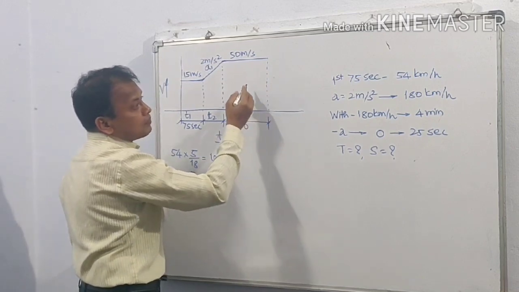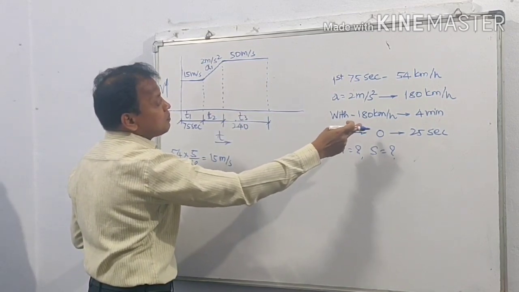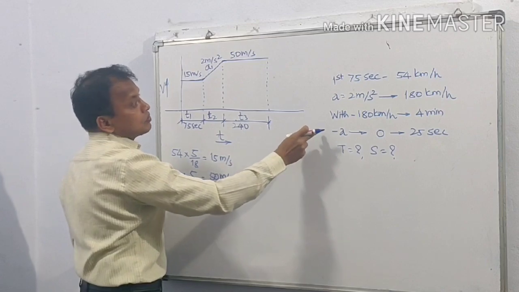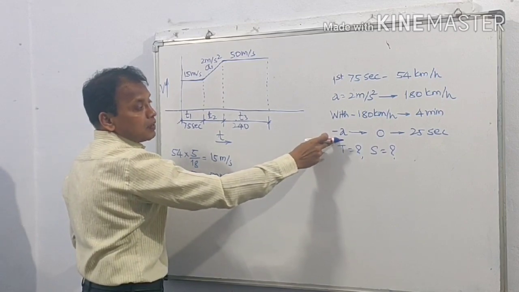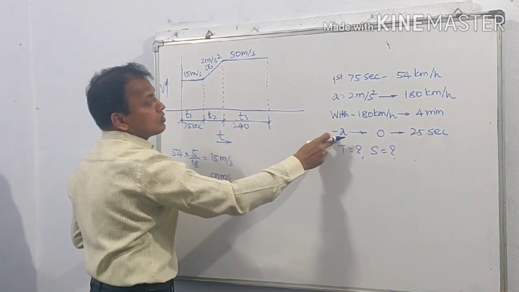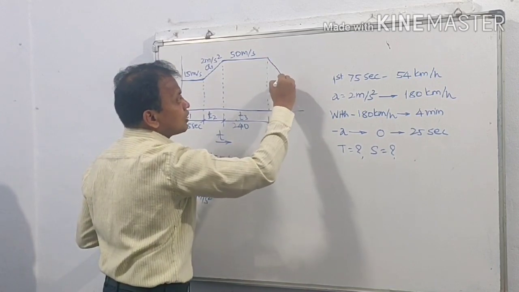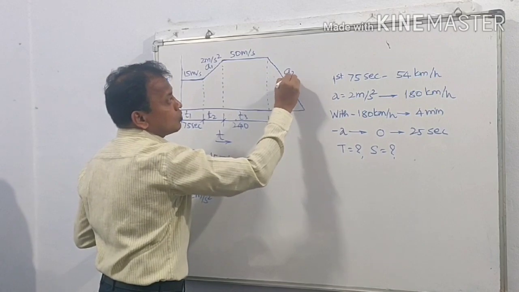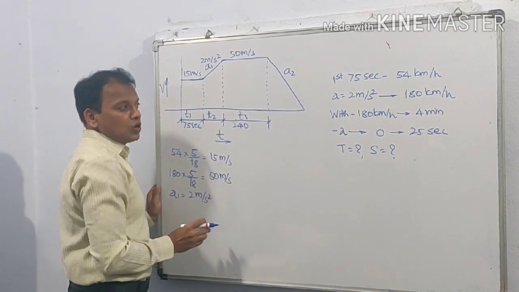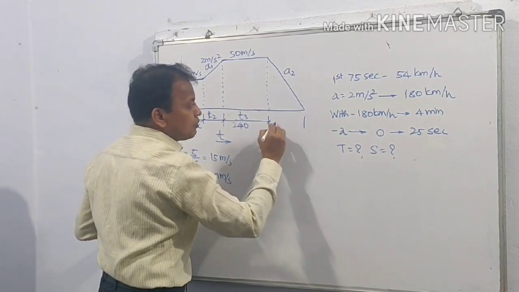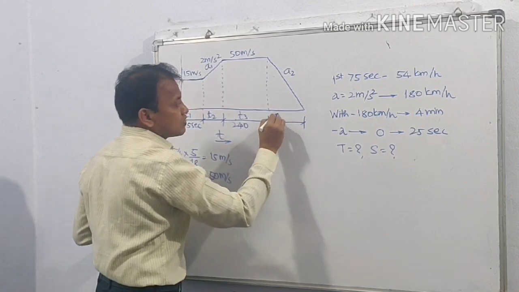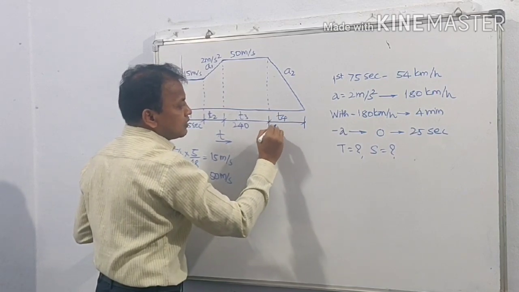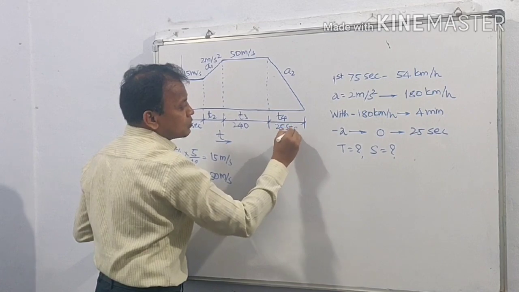Now, after these 4 minutes, brakes are applied. With retardation, the vehicle is brought to rest. So this is A2. That is not given, but time required to bring the vehicle to rest is given, and this is 25 seconds.